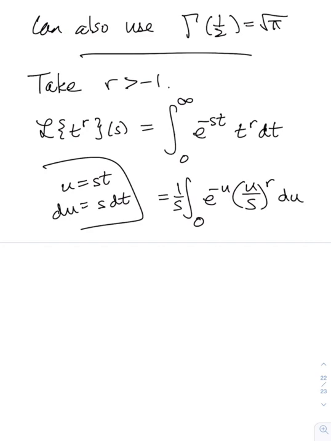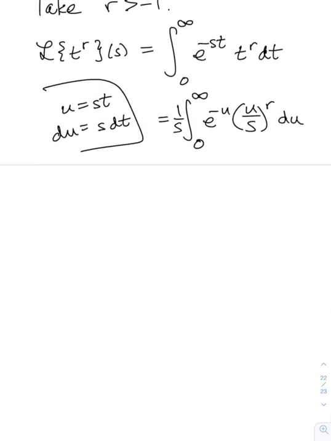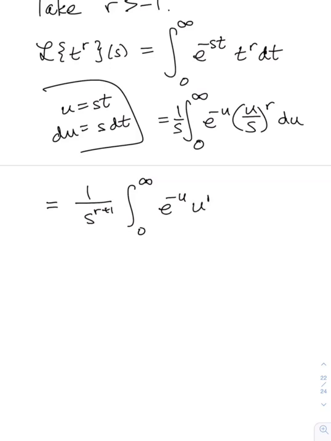And as long as s is positive, so we're also taking s positive here, as t goes to infinity, u is also going to infinity, so my upper limit remains the same. Inside my integral, that s there, I can pull that out. So I'm pulling out an s to the r into the denominator. So outside I have 1 over s to the r plus 1. Then I have the integral from 0 to infinity of e to the negative u times u to the r, du.